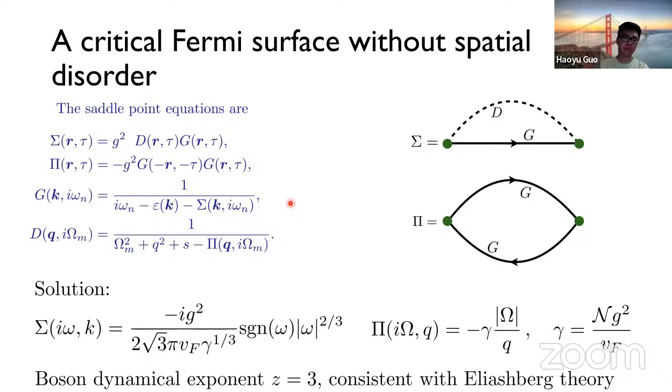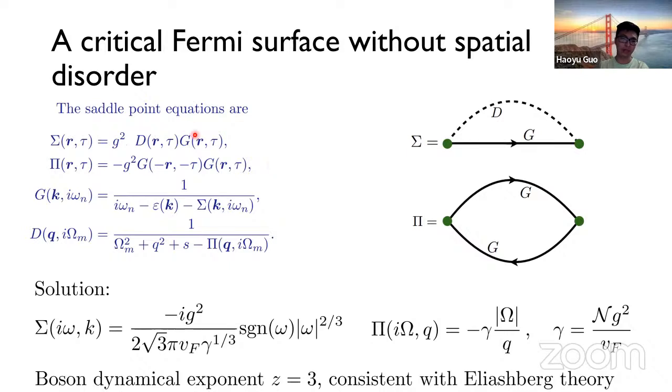Starting from this theory, you can do the usual trick of performing a disorder average, and it can be shown that at the leading large N order, it makes no difference whether the disorder is treated as annealed or quenched.